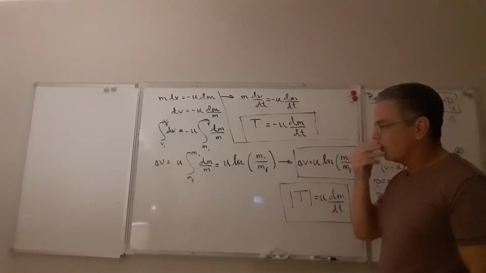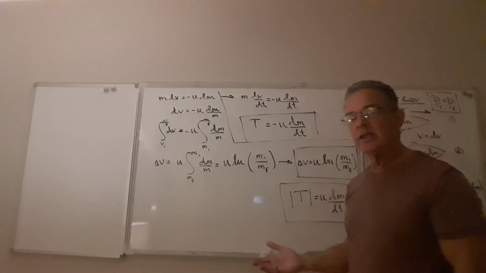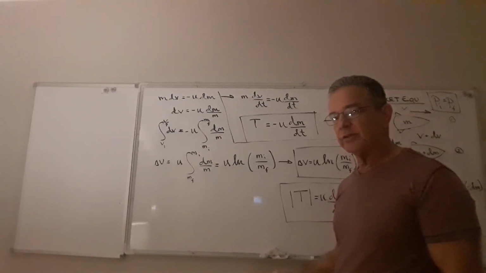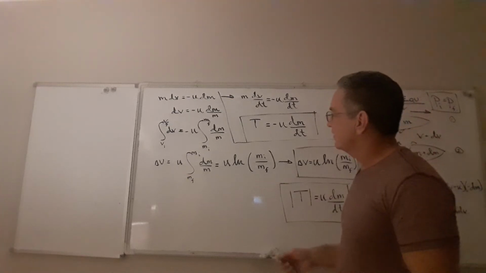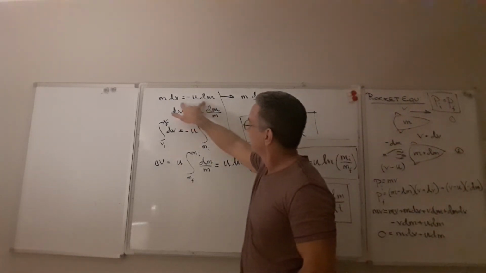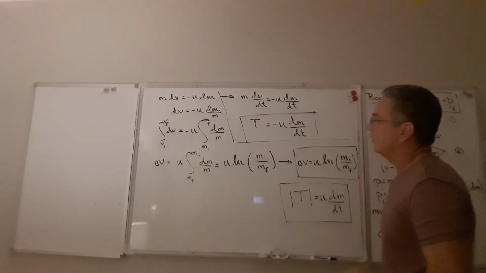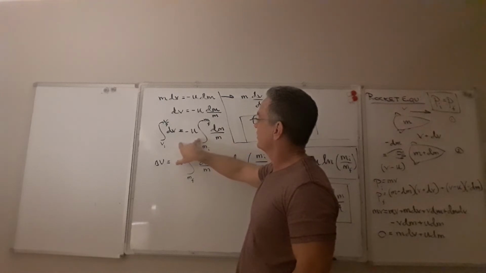Now, the other important property of a rocket is how much change in velocity the rocket is capable of. In order to find that, we take this equation, which we got from over here, remember, and then divide through by m on both sides, and then integrate both sides.